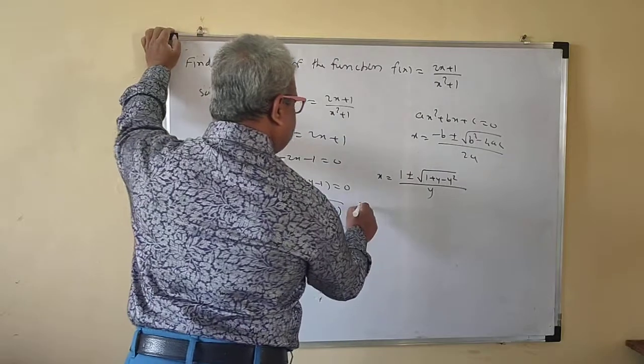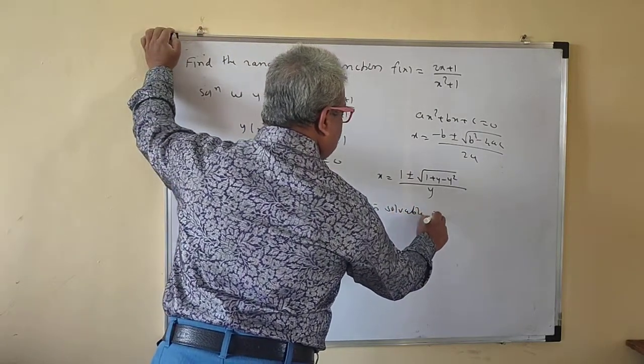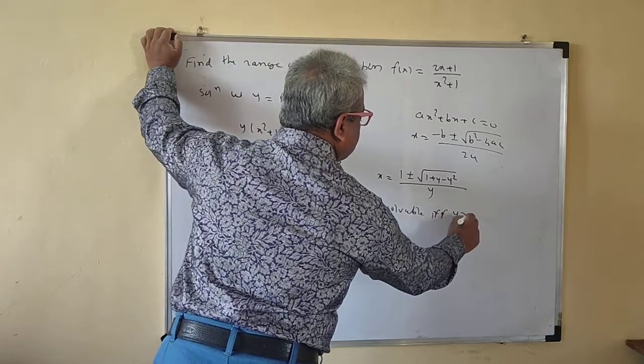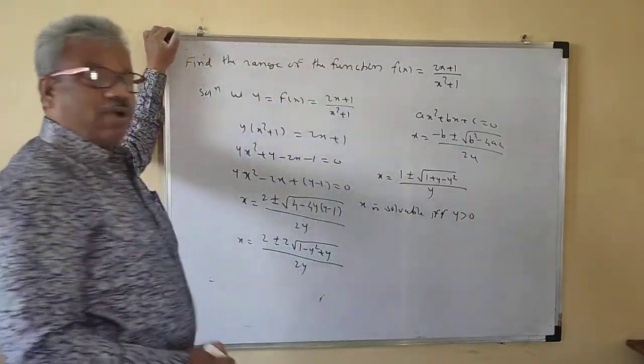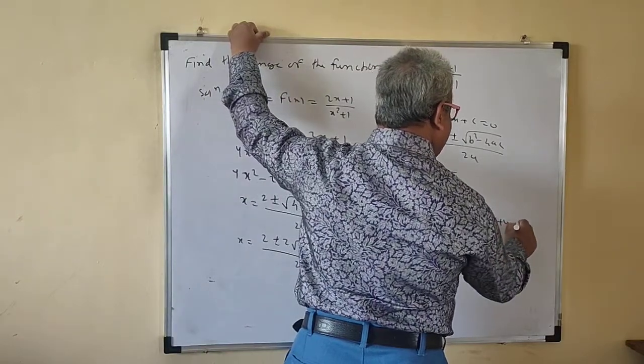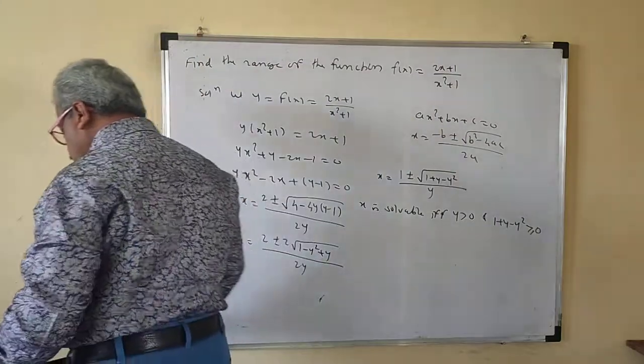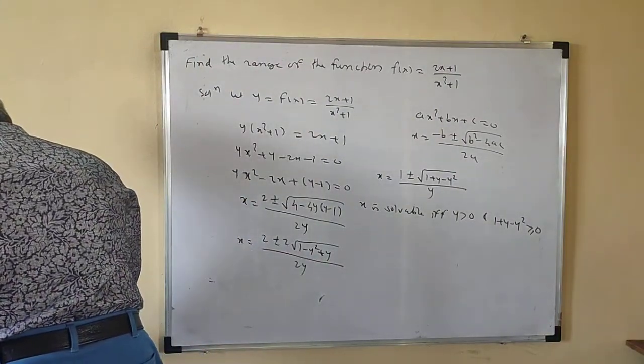So x is solvable if and only if y is not equal to 0 and 1 plus y minus y square is greater than or equal to 0.